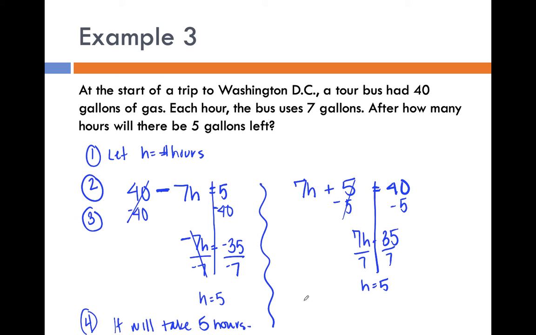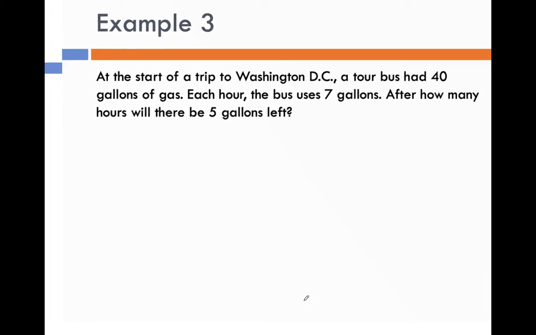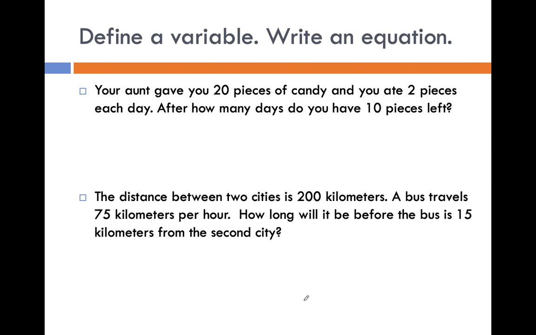Okay, so that's our last example in our notes. Let's try these two to see if you can write the equation for these two. So both of these, I believe, have two options. So this first one, it says your aunt gave you 20 pieces of candy. You ate 2 every day.